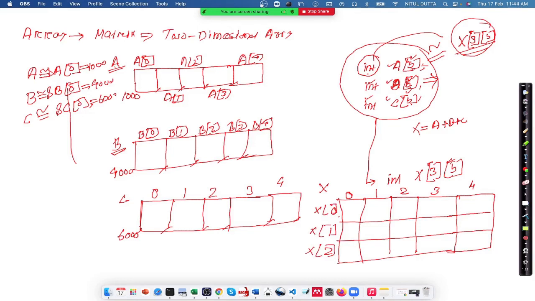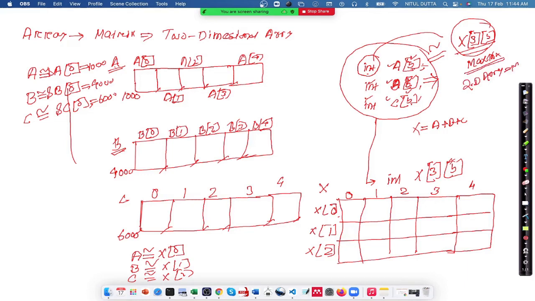So if we compare this declaration with this declaration, then A is equivalent to X0, B is equivalent to X1, and C is equivalent to X2. So it becomes a matrix in our mathematical language, but however, this is called a two-dimensional, 2D, array of integers.